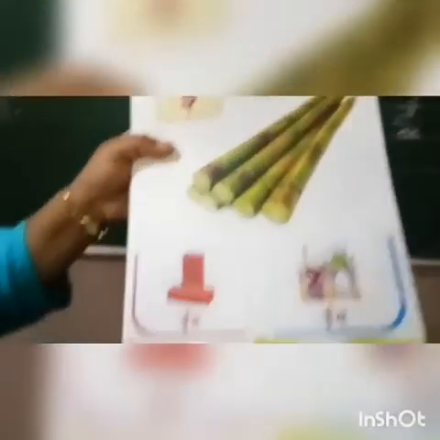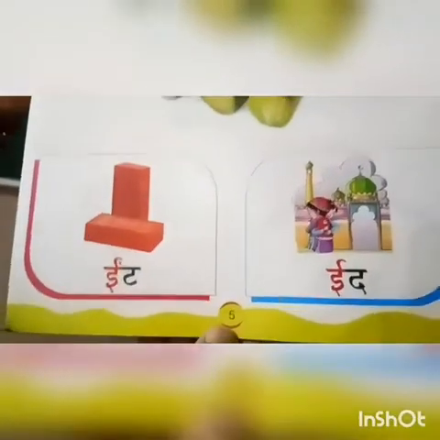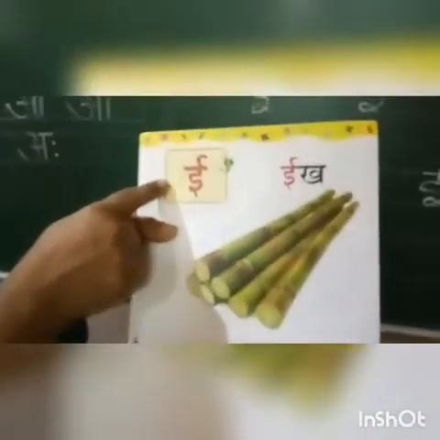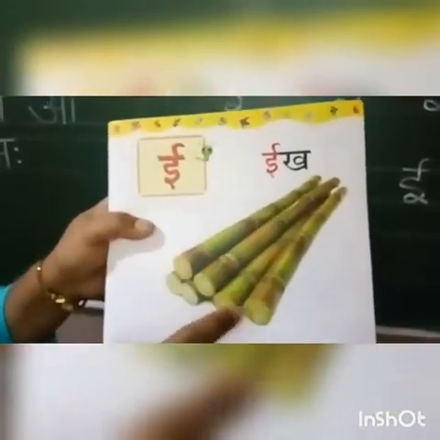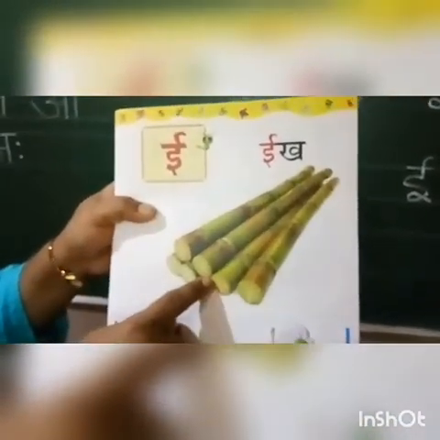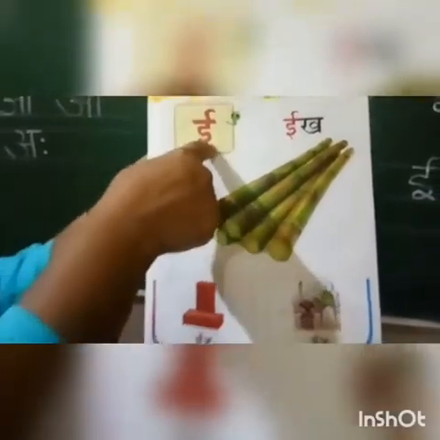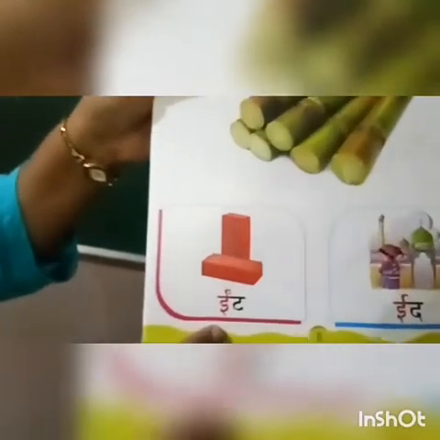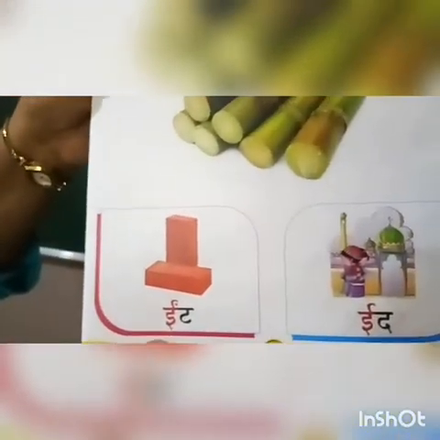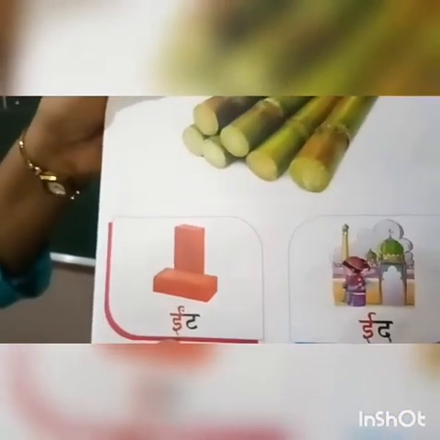Okay, turn the page number 5. Okay, letter E. E say eek. Eek I showed you in the flashcard, right? Eek yani sugar cane. E say eat. Eat means brick, which is used to build the houses, right? E say Eid.